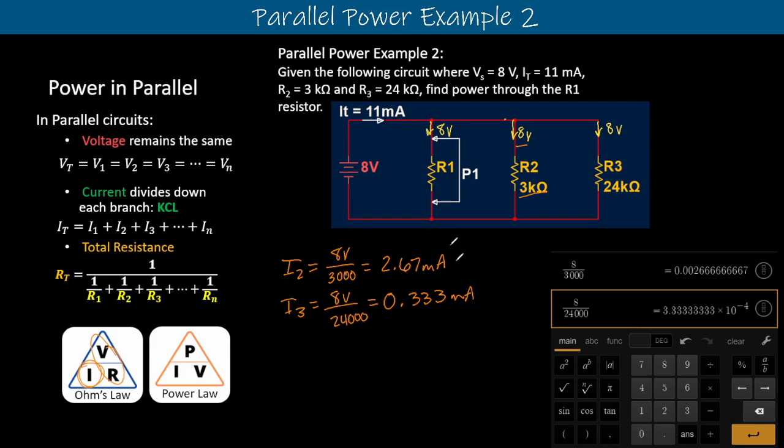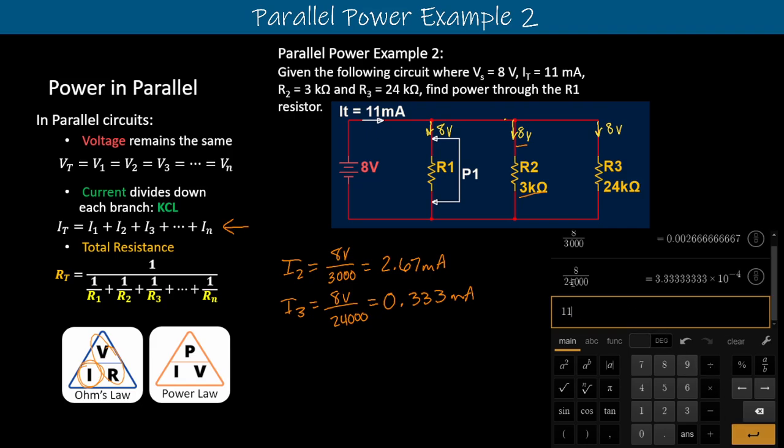And we want to match all of our milliamps together because we're going to use KCL. KCL says that we can subtract out what we know we lost down the other branches, and we'll be given what's left down that final branch. So now that we know all the current drops down the other branches, we can use our total current of 11 milliamps and subtract out 2.67 and 0.333.